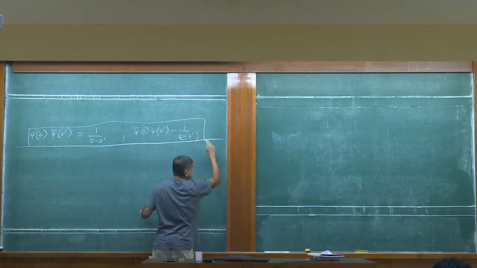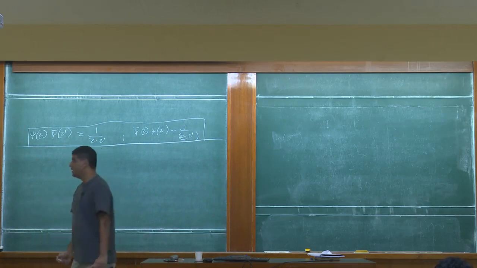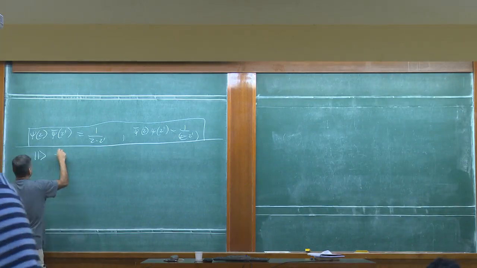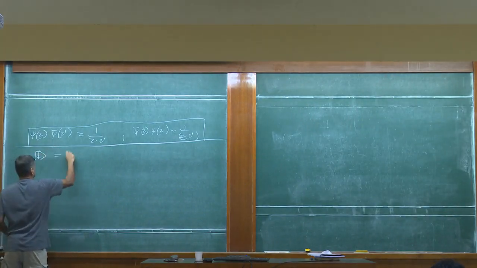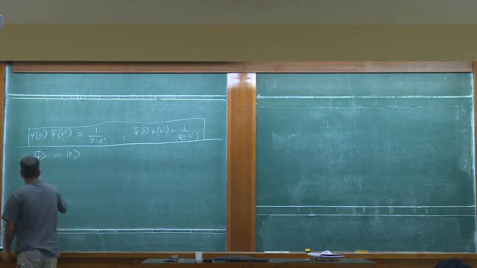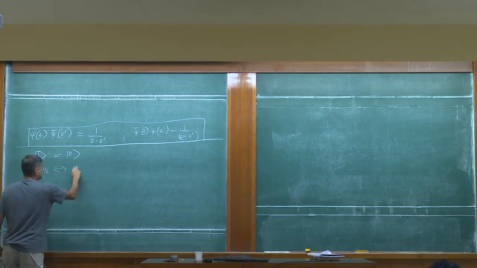And in the NS sector, we understood the state operator map. As you remember, the identity operator was equal to the vacuum. And you remember that alpha minus half corresponded to the state psi.